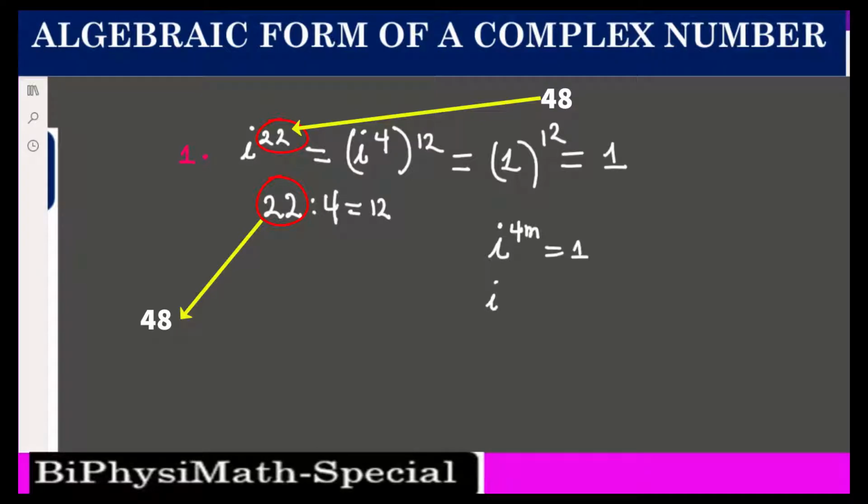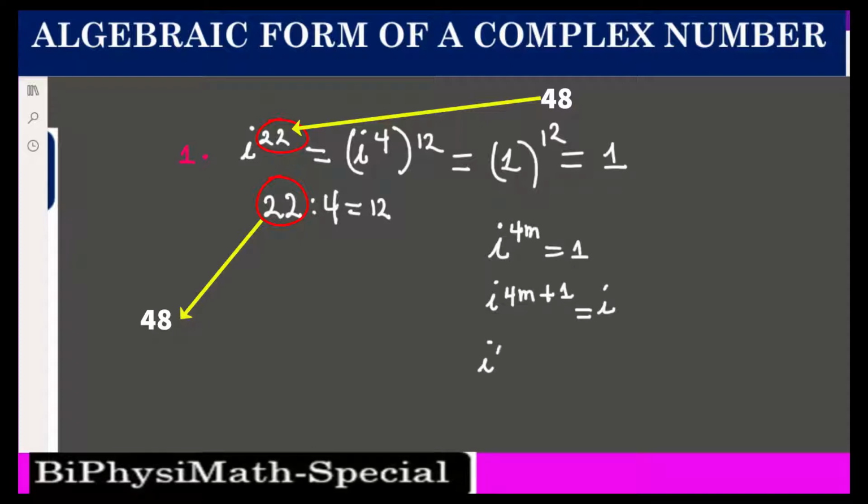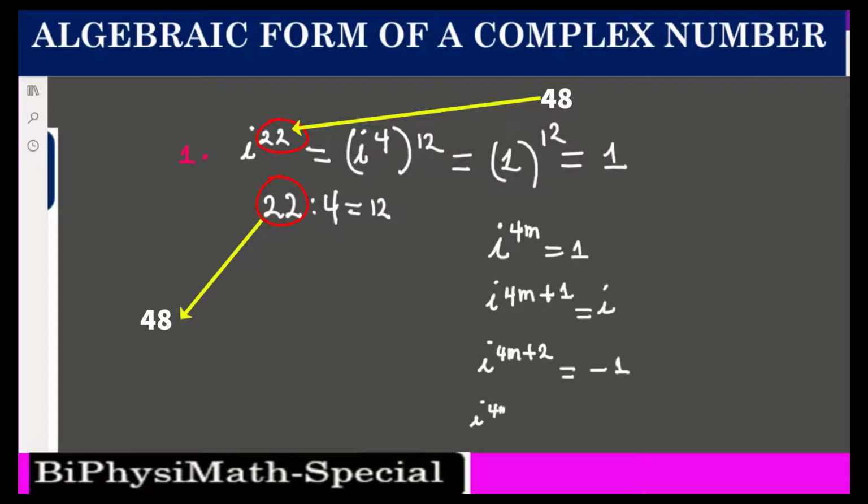Now i to the power 4m plus 1 will have i, i to the power 4m plus 2 will have -1, and i to the power 4m plus 3 will have -i.